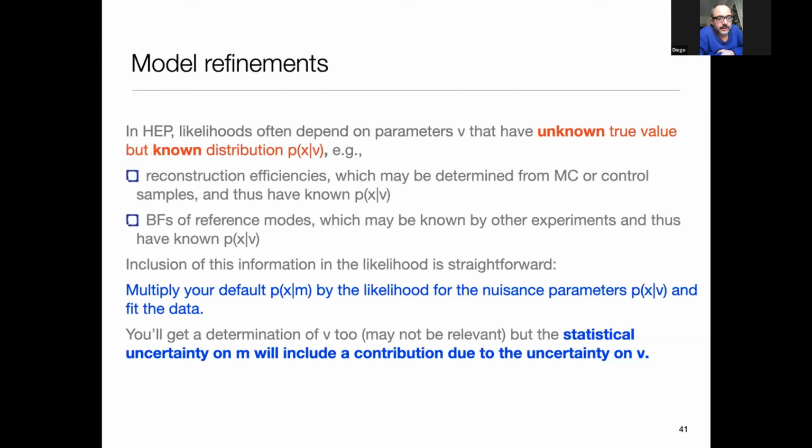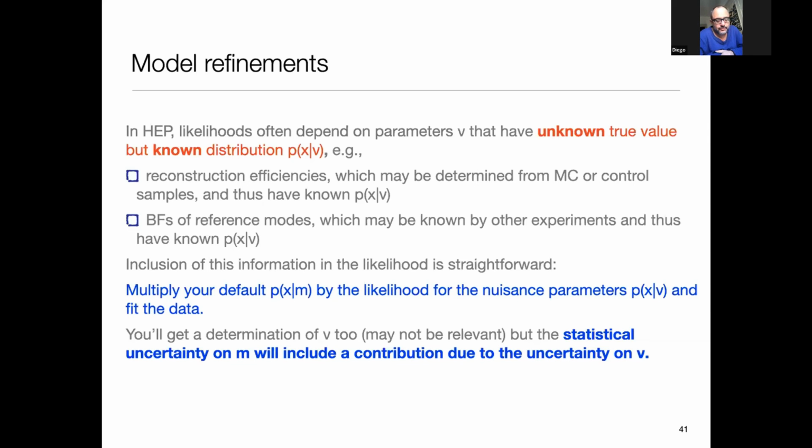It's actually an opportunity to refine my model, because I could put in my likelihood the known distribution of P of X given nu and have a better inference, a better estimate. So I would like to classify these cases more as model refinements than systematic uncertainties.